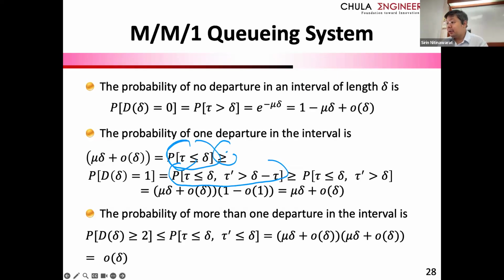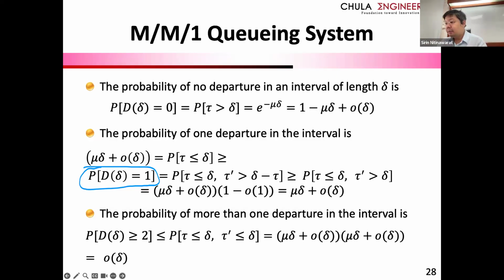So I want to compute this probability exactly in terms of asymptotic in delta, right? How do I do that? If I want exact asymptotic, I need to show you that there is an upper bound and there is a lower bound and they meet in asymptotic, right?